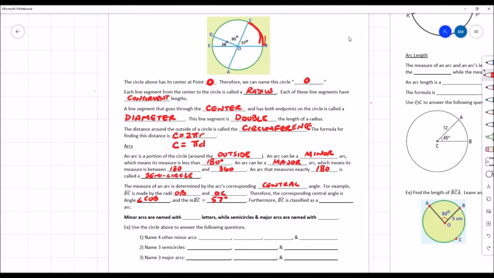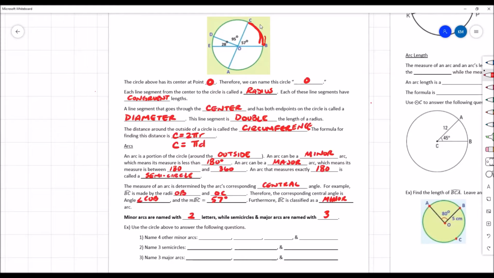Furthermore, arc BC is classified as a minor arc because it's less than 180 degrees. Minor arcs are named with 2 letters, while semicircles and major arcs are named with 3. So when we name BC, we know that it goes the short, fastest way there, because it's only named with 2 letters.